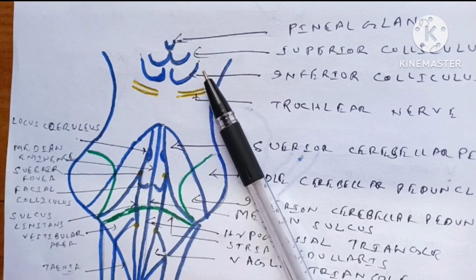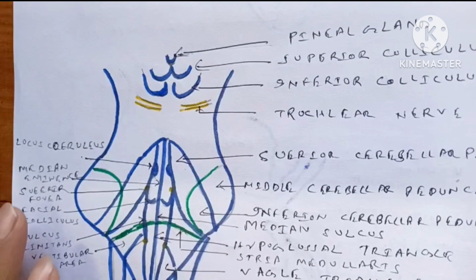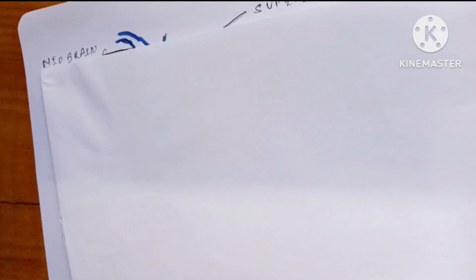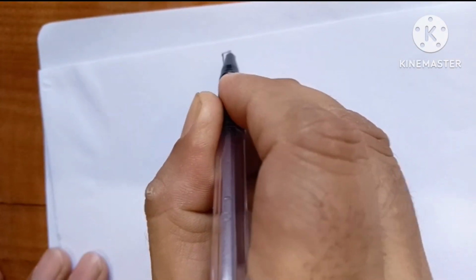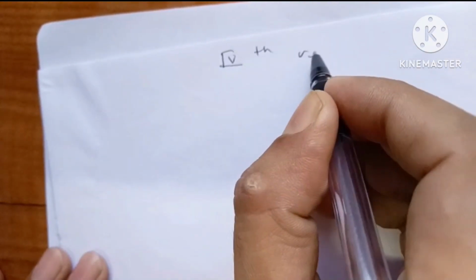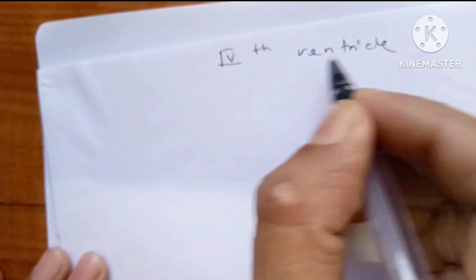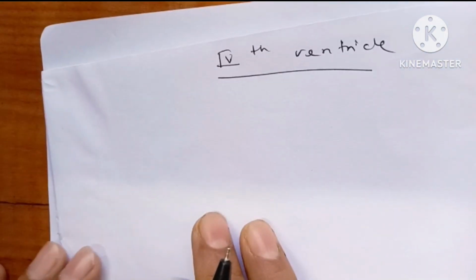Now, today I will discuss the fourth ventricle. What is the fourth ventricle? The fourth ventricle is found in the hindbrain.